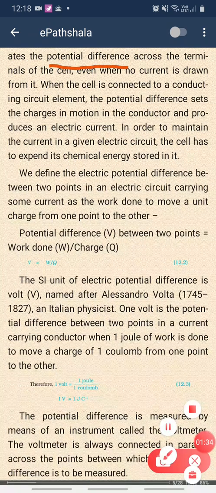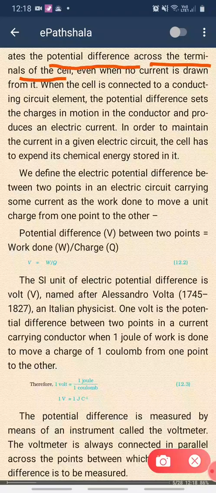This potential difference is produced across the terminals of the cell even when no current is drawn from it, even when it is not connected to the conducting material.